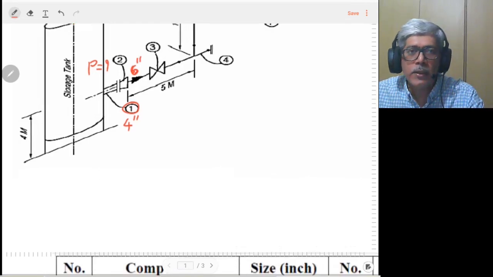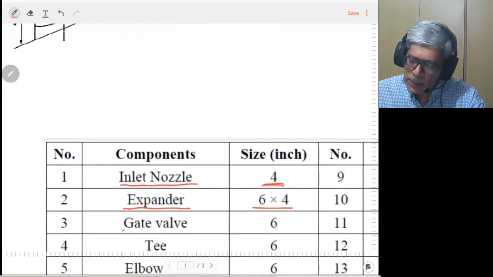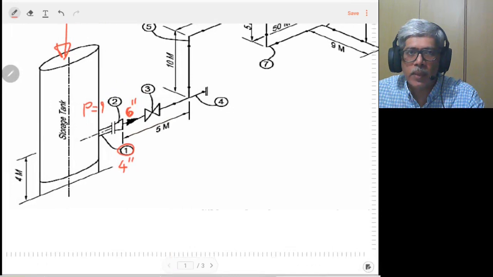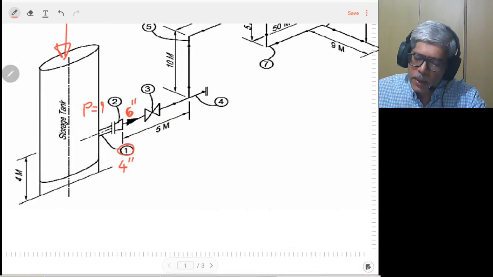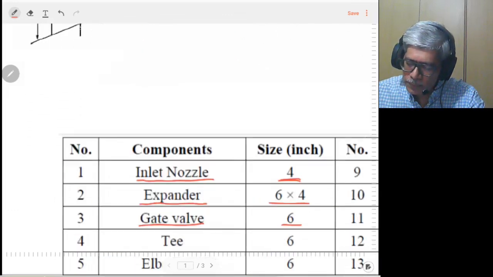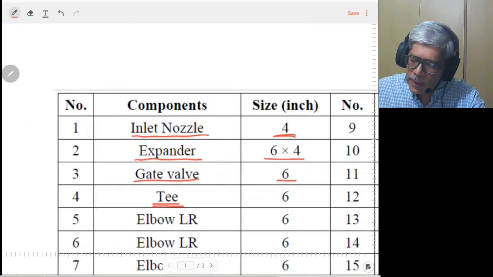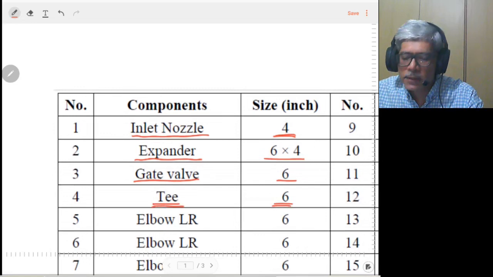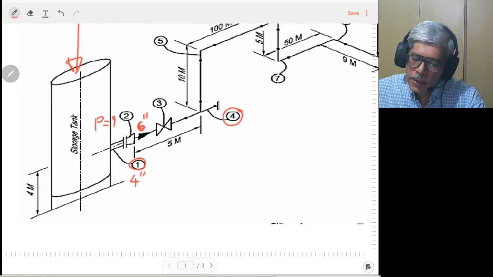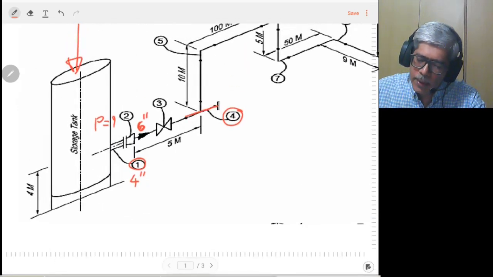Then the next item is a valve. It is a gate valve which is of 6-inch size, since now the pipeline has become bigger. Then item number 4 is a T which is of 6-inch size. This particular T, you will find, has only the branch which is open and the other side is blocked.